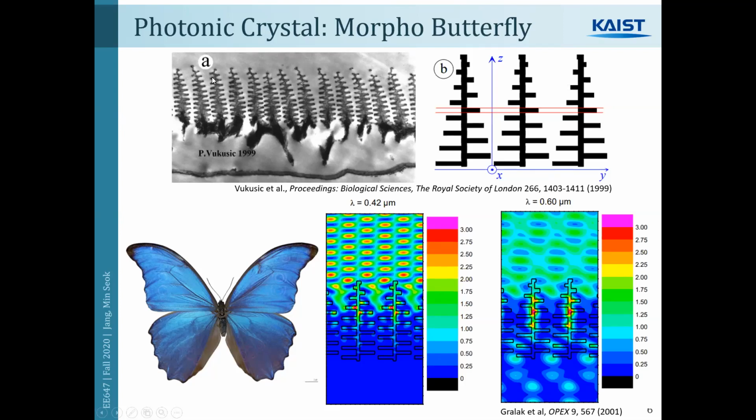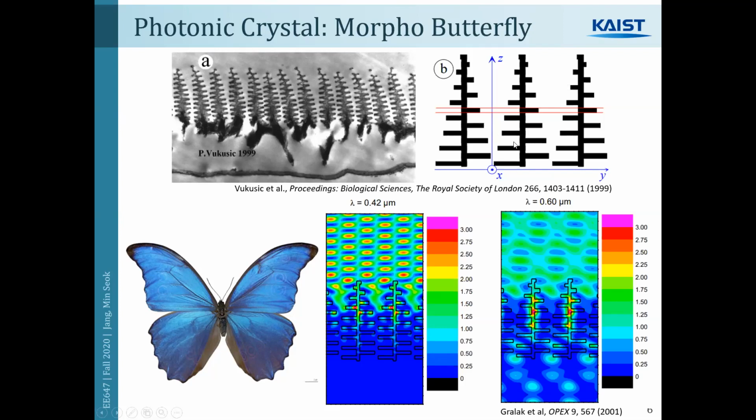forms this strange structure, and these structures form a periodic pattern, with periodicity in the vertical direction and the lateral direction too. Okay, and this is a schematic image of the structure of a Morpho butterfly.